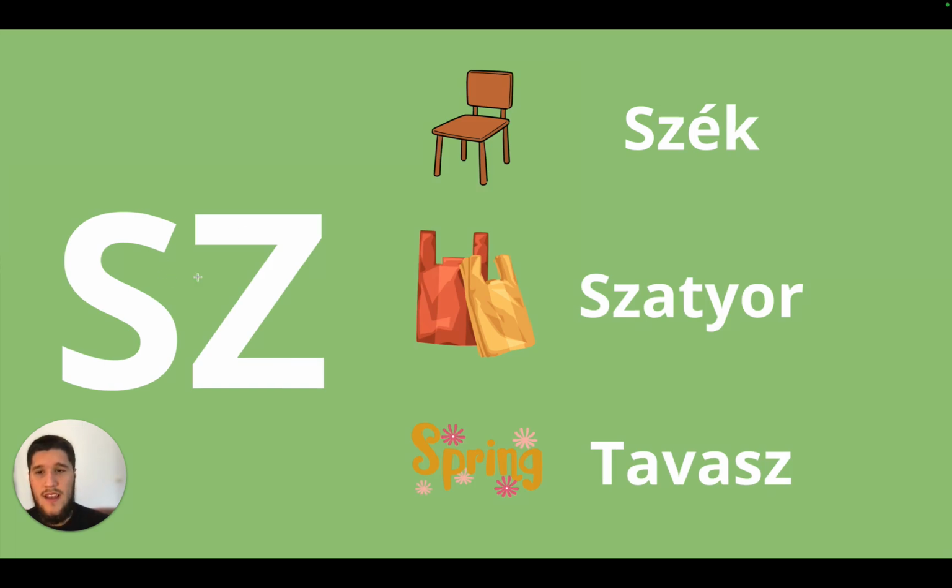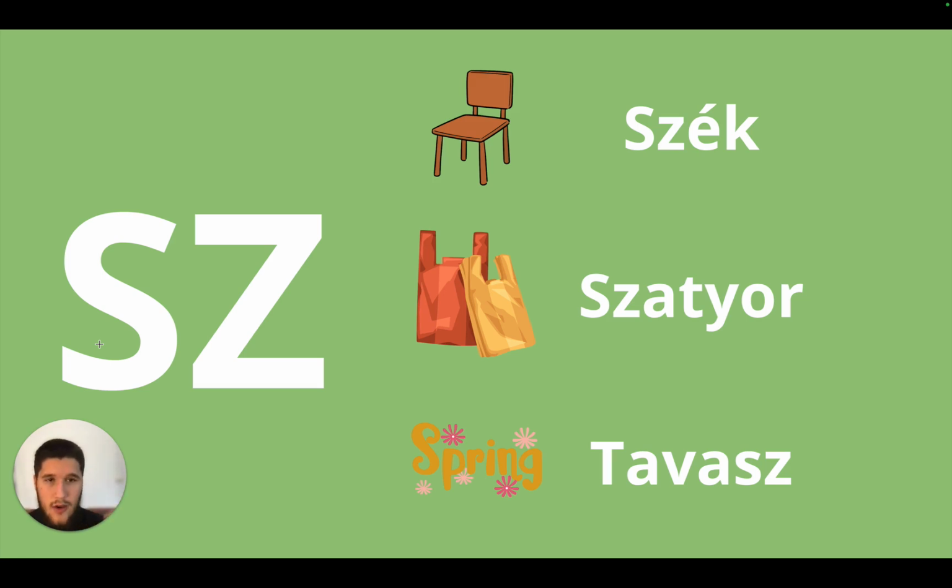Now this one is the Sz. So whenever you see the S in Hungarian, so ash, coming together with the Z, they will make up one sound, S. So it's kind of the exact opposite of English, because in English, I guess the double-digit ash is like S, H, right?